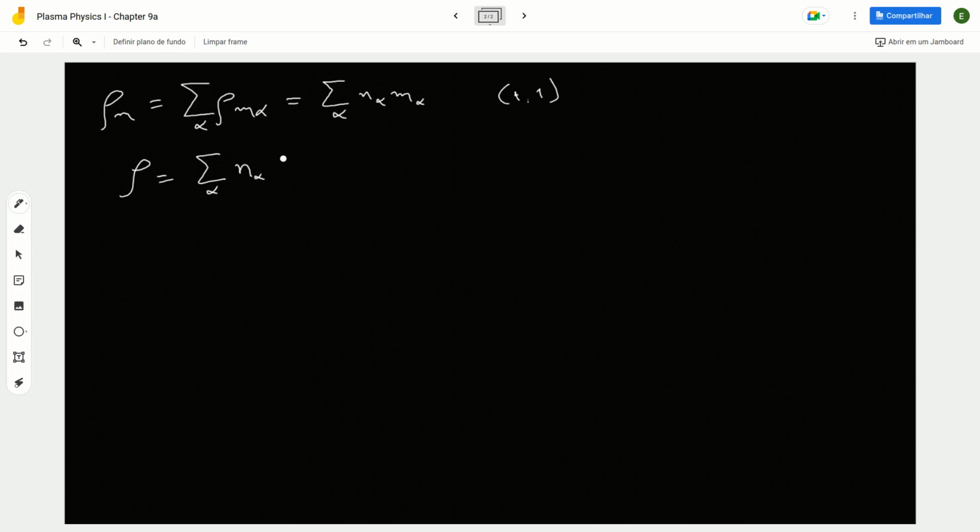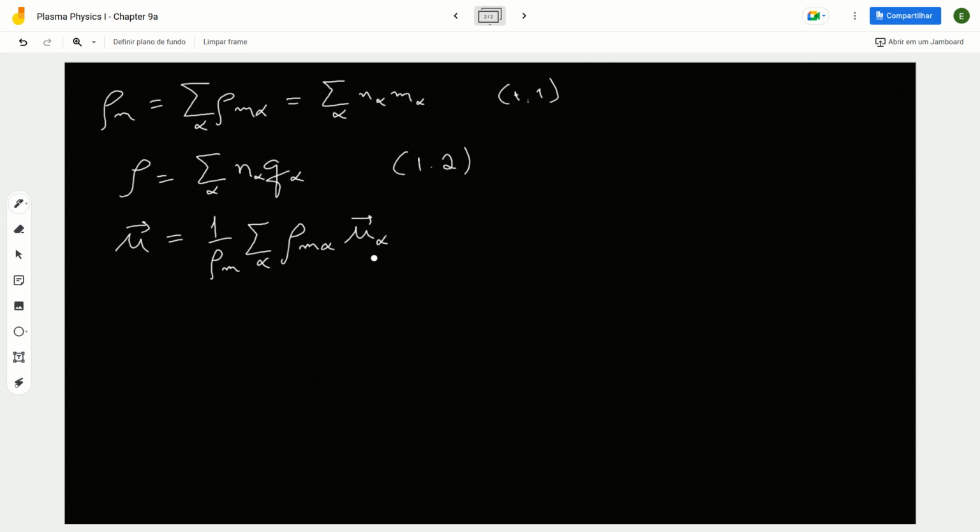You just, in place of mass, you have the charge and the number of particles. You do have a mean flow velocity, which will be denoted by U. And this is given by this equation. You sum the mass density times the mean velocity of the alpha particle.